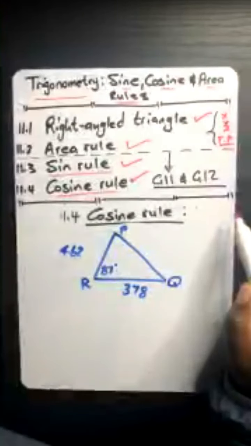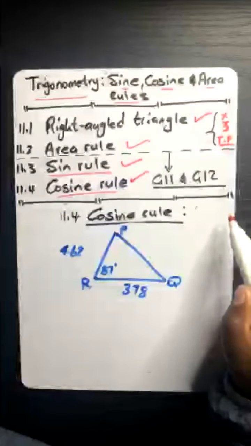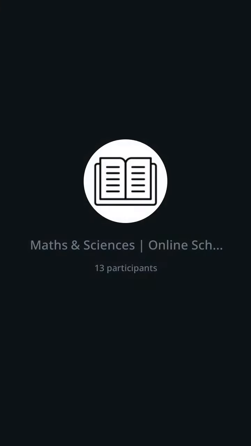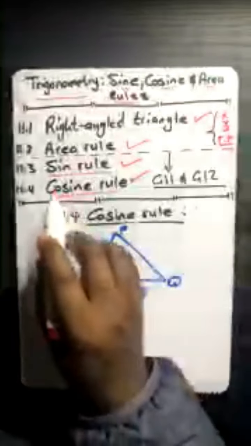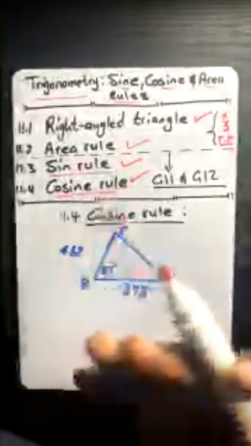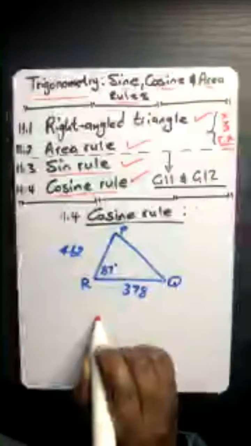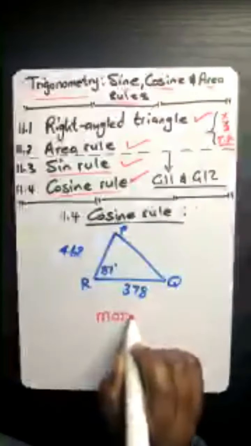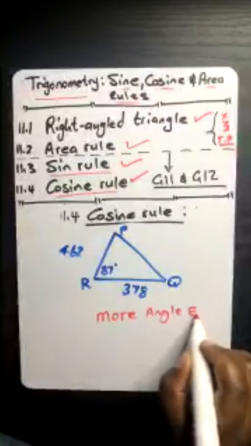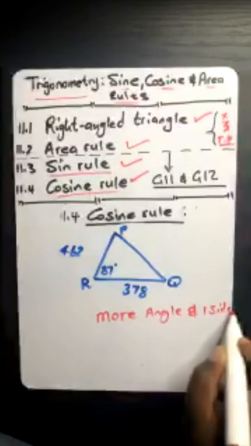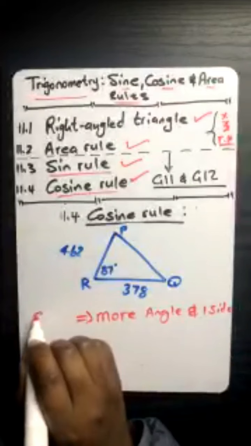But how do you know which rule to use? If you have noticed, the sine rule is more about angles. So if you have more angles and one side, then you can use the sine rule.